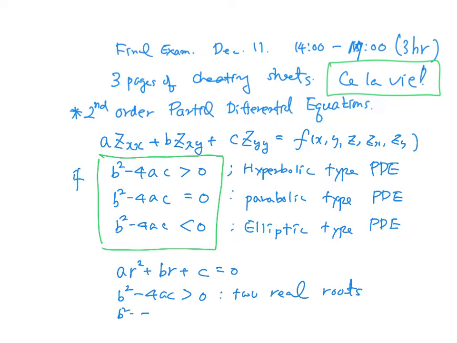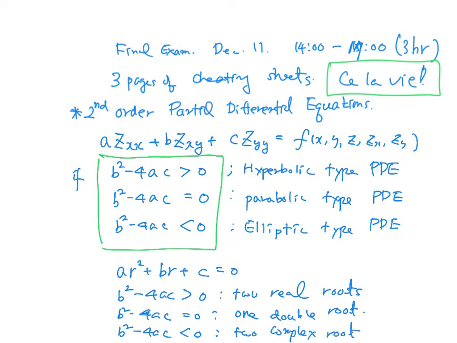If b squared minus 4ac is equal to 0, we have 1 double root. When b squared minus 4ac is less than 0, we have 2 complex roots. These are the well-known results that we all know from the middle school days.